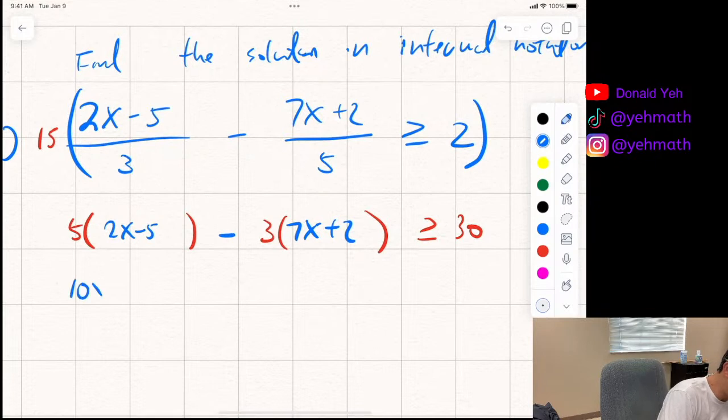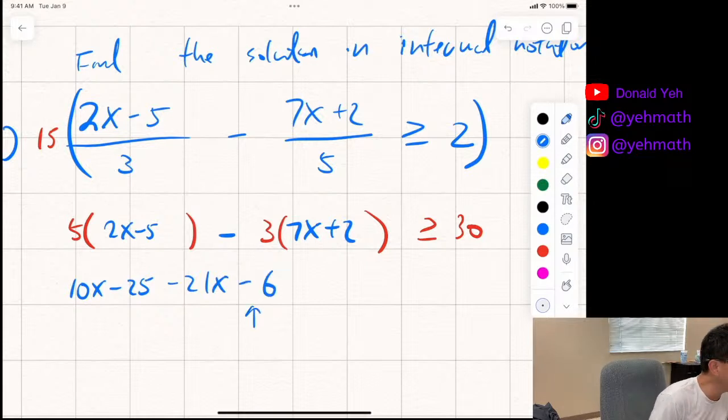That's equal to 10x minus 25 minus 21x minus 6, greater than or equal to 30. Most people make mistakes right here. They forget to distribute because they forgot to put a parenthesis. Am I doing okay? That's going to be negative 11x minus 31 is greater than or equal to 30.